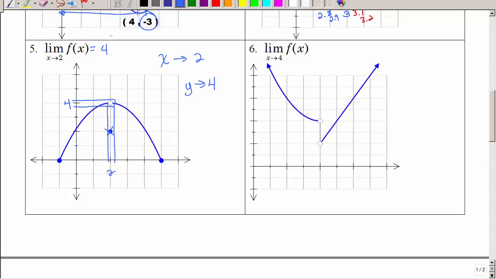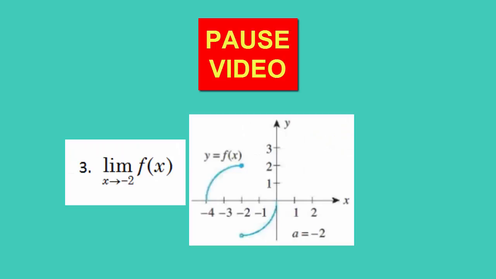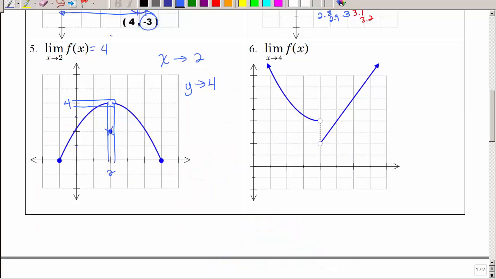So that limit is 4. What about number 6? Here's x. Is y approaching the same value? No, we have again that mismatch. So we have a limit of does not exist.